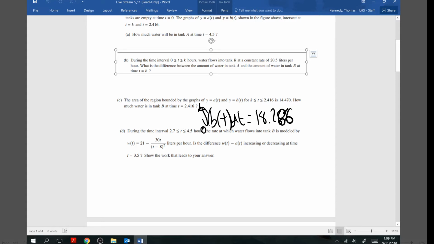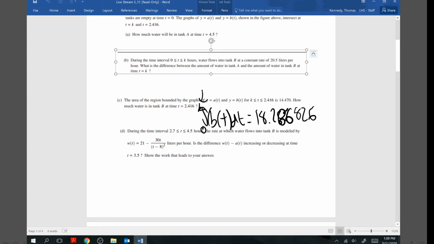We had already done this. K is like the 0.89 thing, and 20.5 times that 0.89 thing gives you 18.286826. So you get this mess.